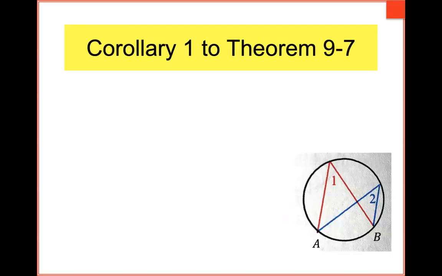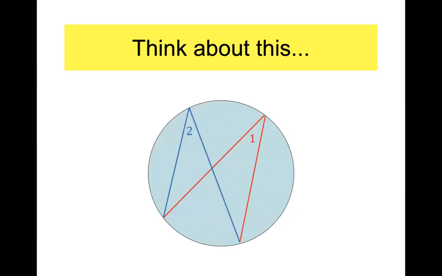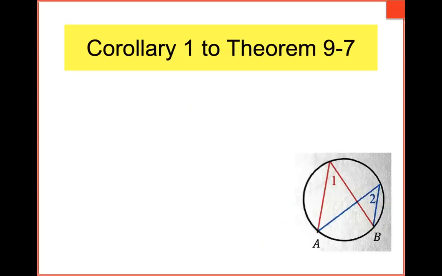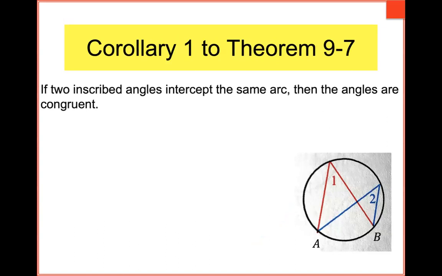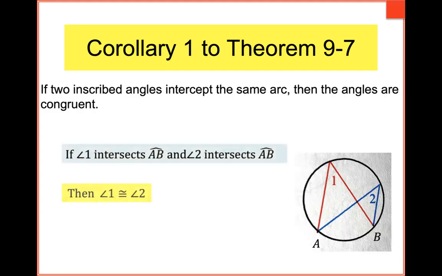Well, that could only happen if angle 1 was equal to angle 2, and that's the next theorem. It's a corollary to the previous one. And it basically says that if two angles form the same arc, that would be arc AB in this picture, then they've got to be equal. Okay, so that's corollary 1.